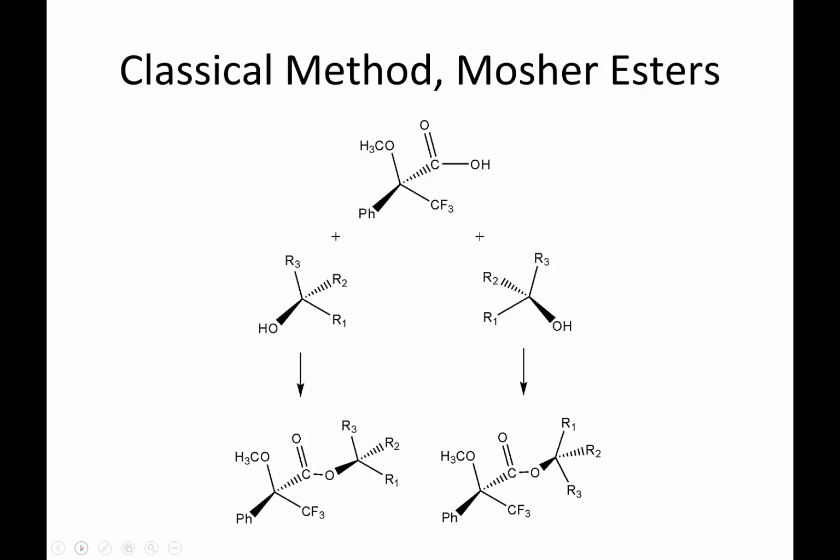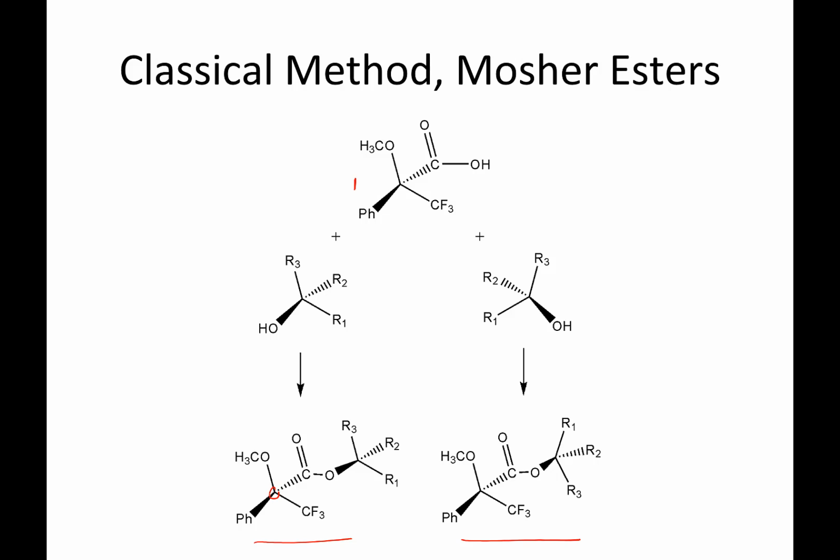And we'll talk about this esterification reaction later. But basically, what Mosher did was he had a chiral carboxylic acid. And if you had a mixture of enantiomeric alcohols, what you would do is you would react this one configuration of the carboxylic acid with the mixture of alcohols, and you would end up making two esters.